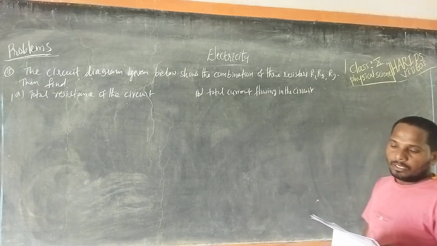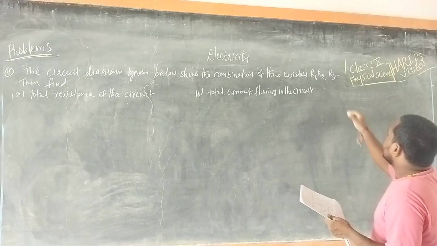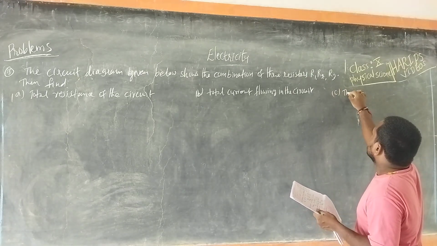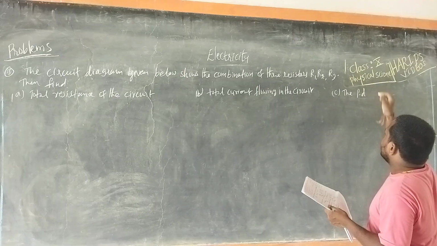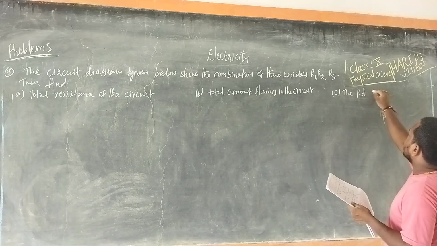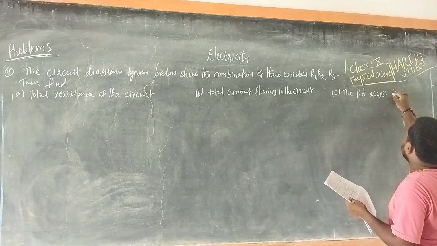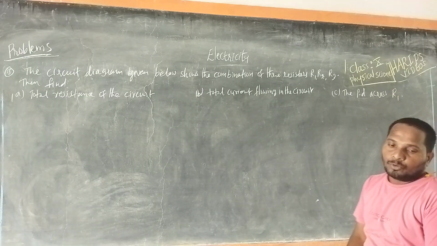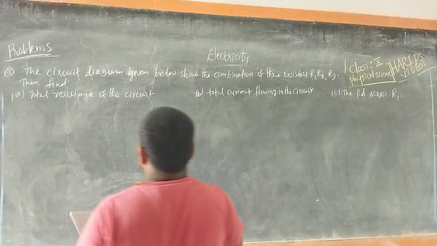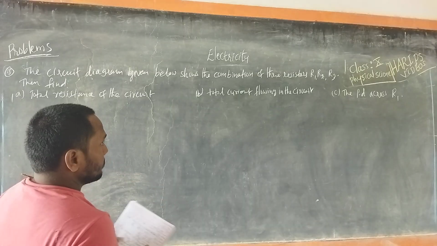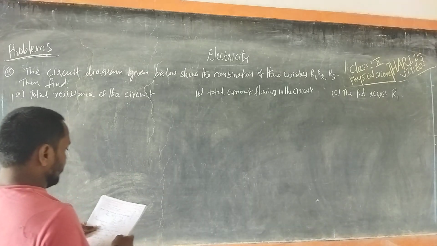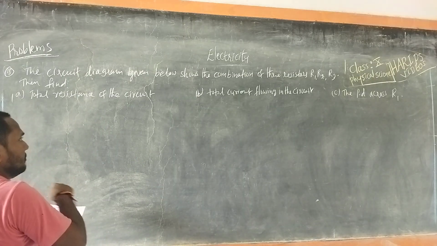Then the potential difference across R1. The diagram is already given in the problem.